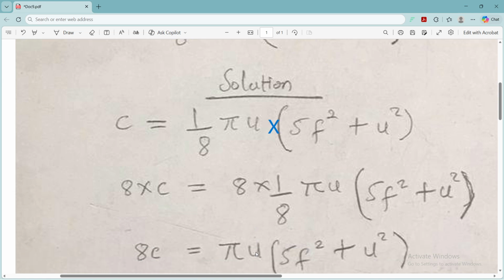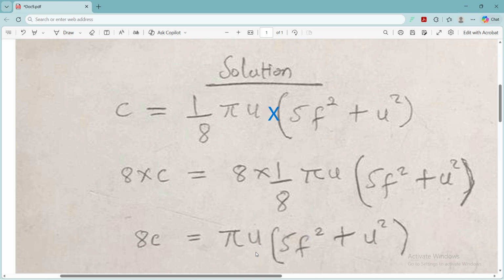So we are going to have our new equation to be 8c equals pi u, because 8 will cancel itself. 1, it will cancel 8 here. 1, right? Leaving pi u, right?